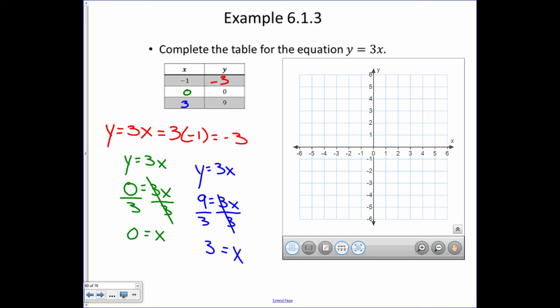And so what we have here are ordered pairs that are solutions to this equation. When we find ordered pairs that are solutions to a single equation, we can plot them on the Cartesian plane. So let's plot these points, (-1, -3), (0, 0), and (3, 9), well, that would be somewhere out of the graph.